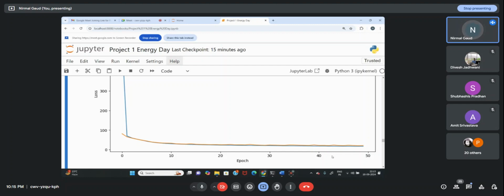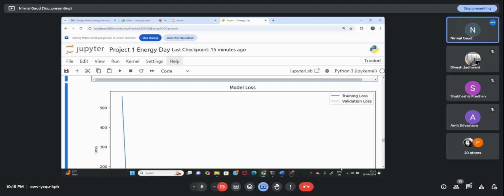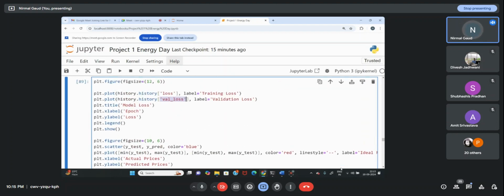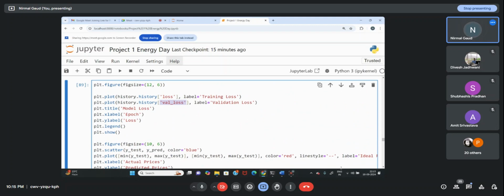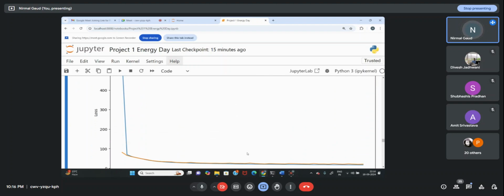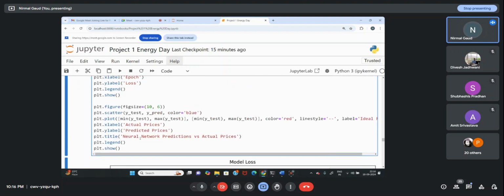So ultimately loss should reduce, it should not get more. If we were dealing with accuracy, that is in classification, accuracy should increase with the training, and losses should decrease with the training. That is what the expectation is. Okay, understood. So here we can see that loss is decreased, and also I made a plot between actual and the predicted prices. You can see.